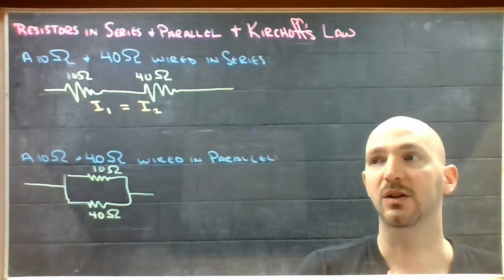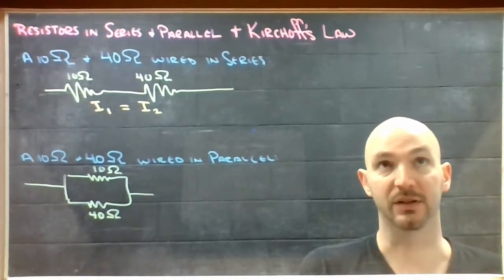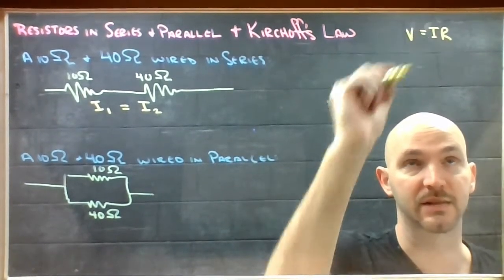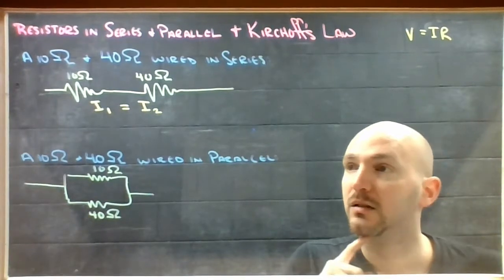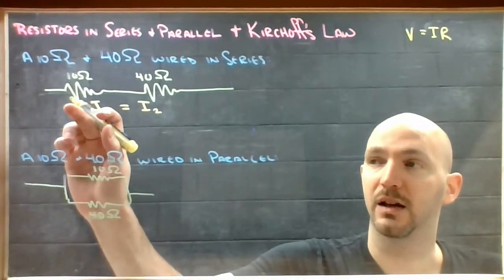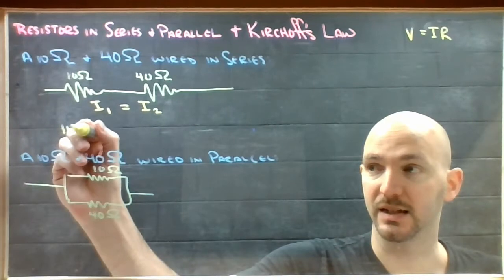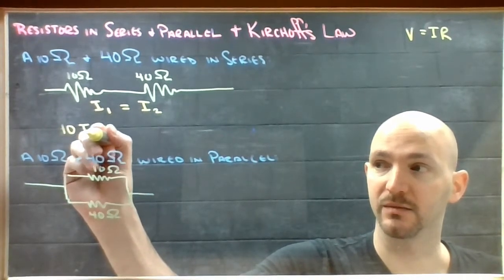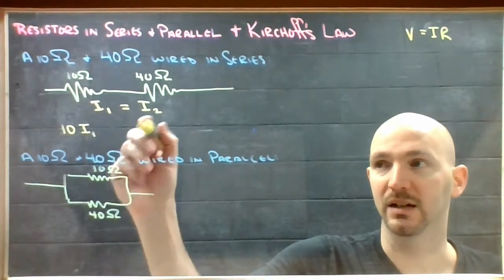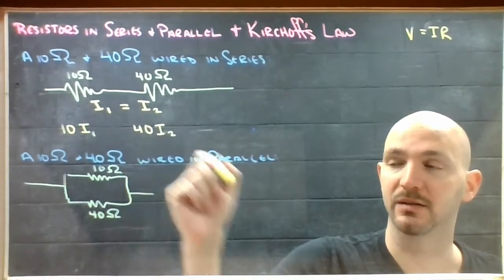Alright, so if you think about Ohm's law, let me jot that up here, that voltage was the current times the resistance. So in this particular resistor, the voltage that it will consume will be 10, its resistance, multiplied by this current, whatever that is. And this one here will be 40 multiplied by its current, whatever that is.